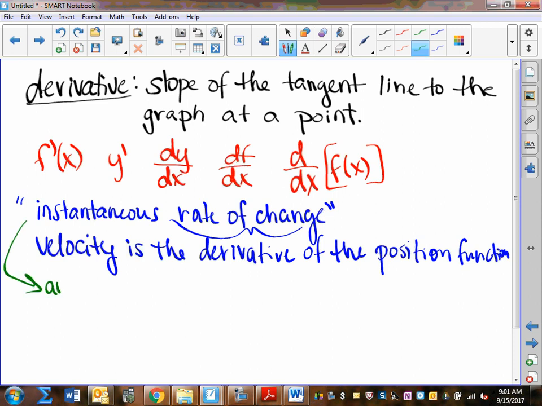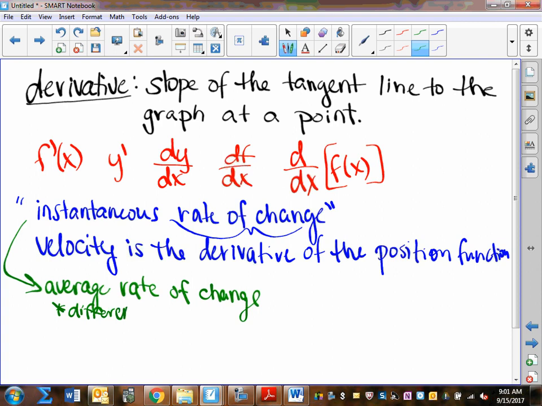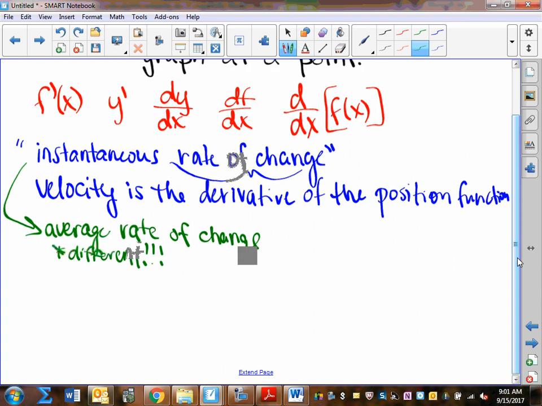We have also average rate of change, which is not our derivative rate of change. This is different. So let's break down the differences here between instantaneous rate of change and average rate of change.